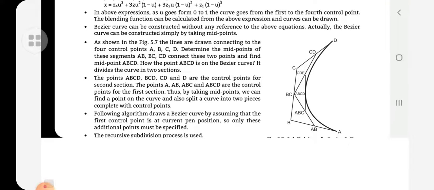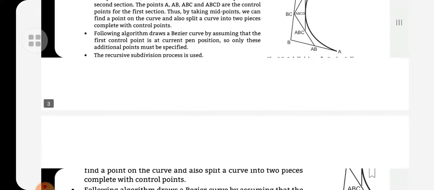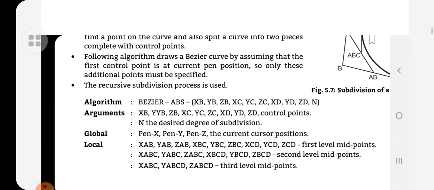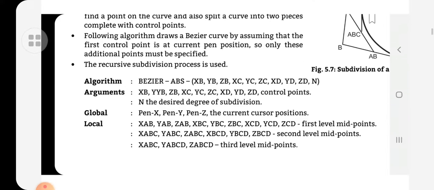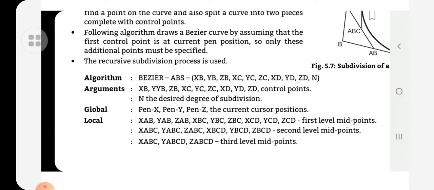The following algorithm draws a Bezier curve by assuming that the first control point is at the current pen position, so only the additional points must be specified. Every step takes midpoints, giving AB, ABC, ABCD.